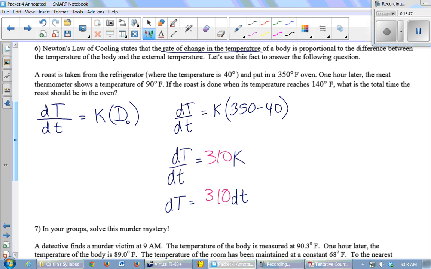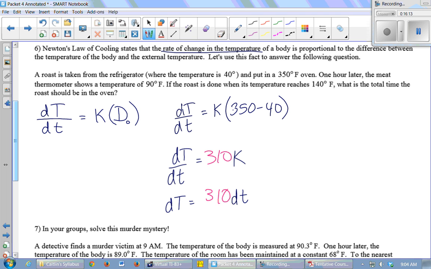K is a factor that talks about the efficiency of the oven, so it's not the same for every oven. If I took a roast from 40 degrees to 140 degrees in my oven, it might take 3 hours. In somebody else's oven, it might take 3.5 hours. So K is a constant that talks about the specific oven.